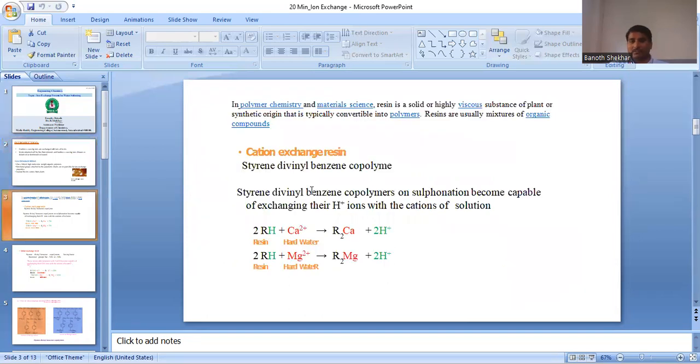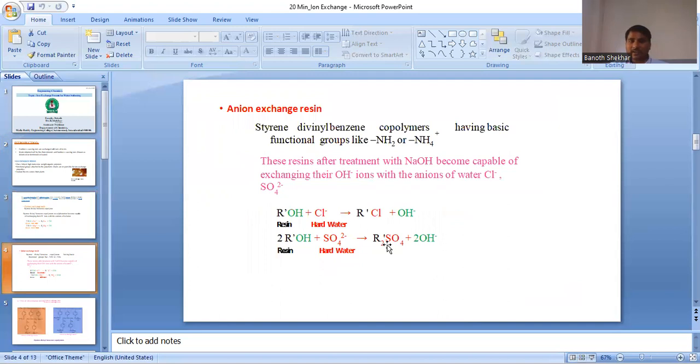And these are some of the reactions for easy understanding. First, you see here the R is green color, and the calcium or magnesium is red color. I have also mentioned the hard water. But after the reaction, the hardness-causing impurity calcium or magnesium is bound with the polymer, and the free form of H plus ions is released. In the second, in the anion exchange resins, here the Cl and SO4 minus I have mentioned as hardness-causing impurities.